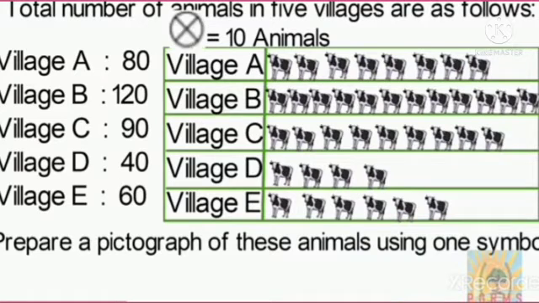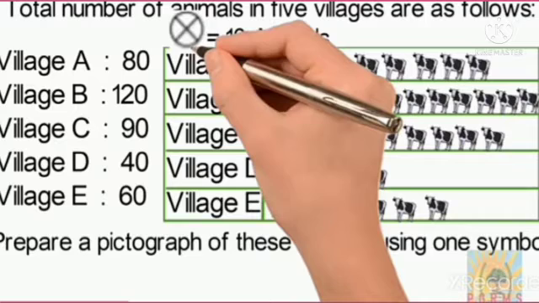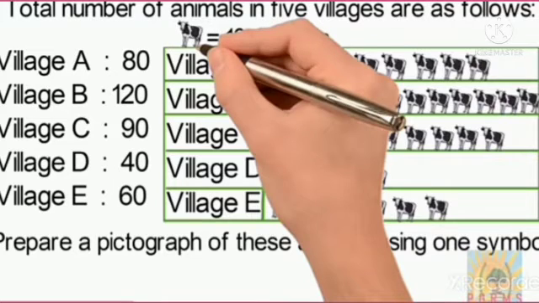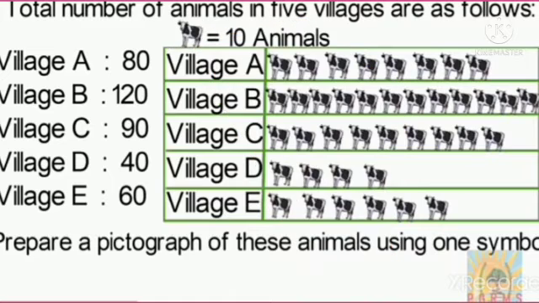One animal symbol is equal to 10, and we can use a cross here also. Okay students, now our pictograph is completed. Now we will give the answers of the following questions.